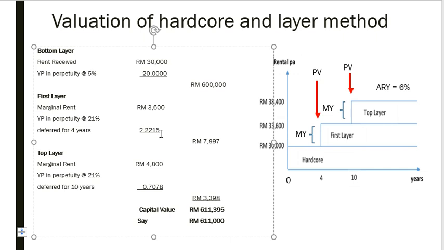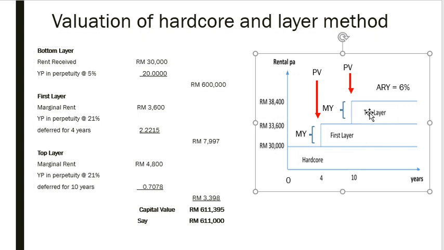Once you got the answer here, you need to multiply by 3,600, and you will get the capital value for the first layer, which will be RM 7,997. So that will be the first layer.